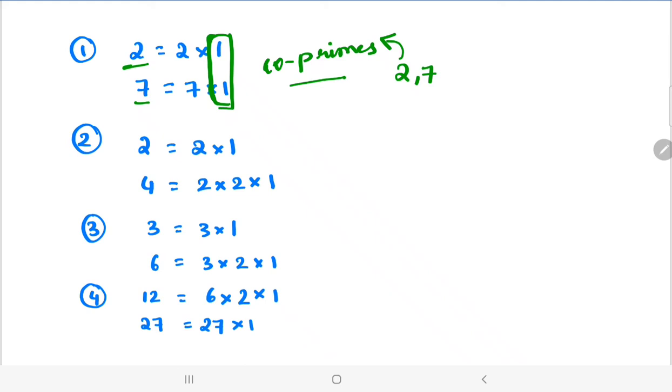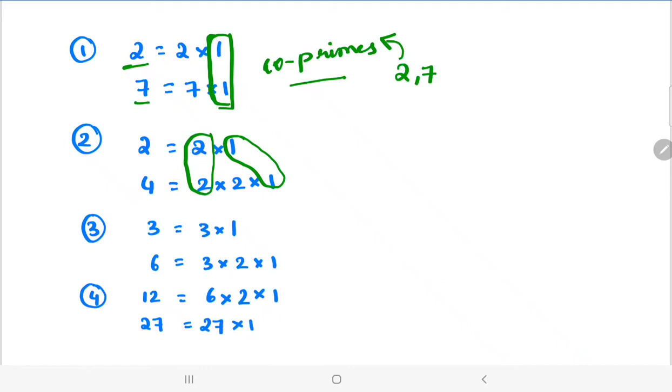Coming to the second example, 2 can be written as 2 into 1 and 4 can be written as 2 into 2 into 1, because when I multiply 2 into 2 it is 4, and 4 into 1 is 4 again, right? So 4 can be written as 2 into 2 into 1. Multiply this once and see whether you will get 4. You will get 4 obviously, okay? So here we have 1 as common, and we have 2 as common.